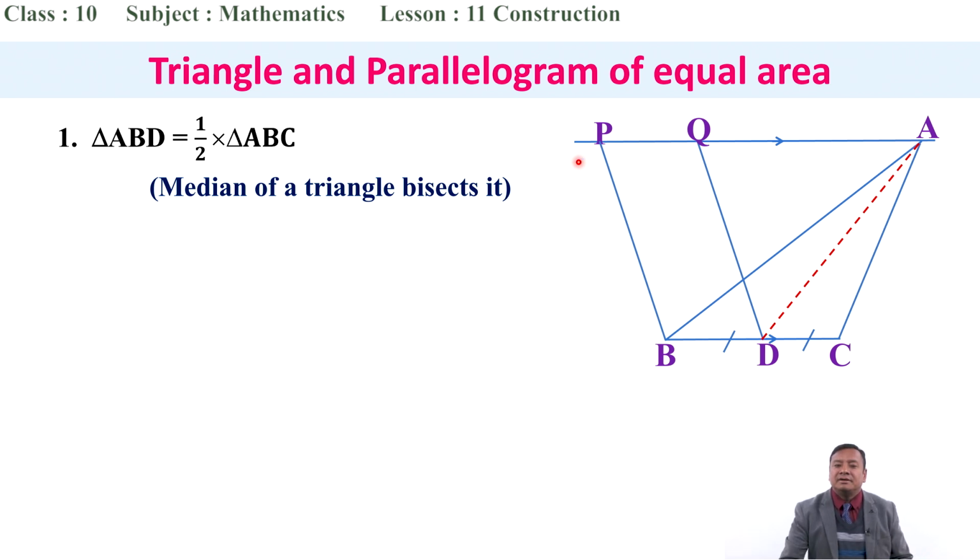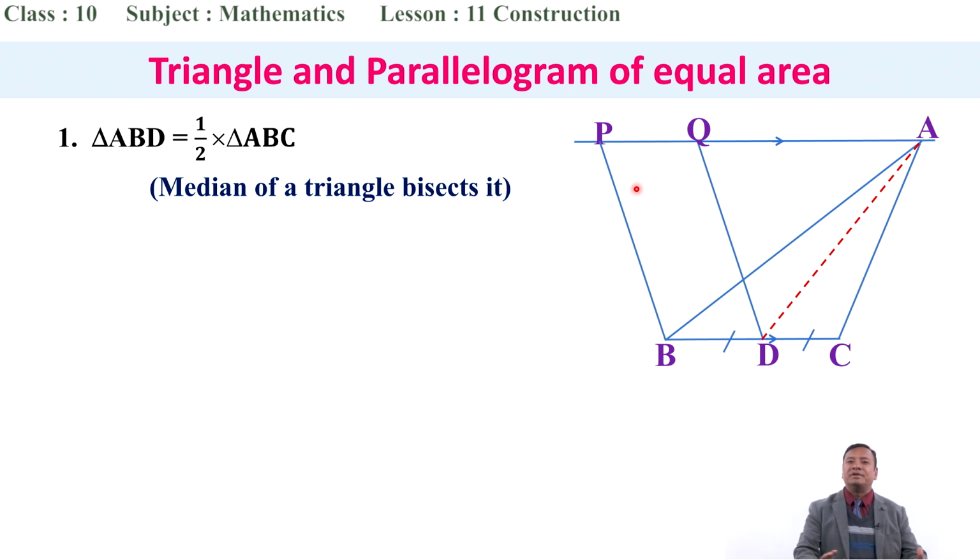As well as you can see here this parallelogram PBDQ and the triangle ABD. This triangle and this parallelogram have the same base BD and they are between the same parallel lines, right? So in these types of condition, we can say that the area of this triangle is half of the area of parallelogram.